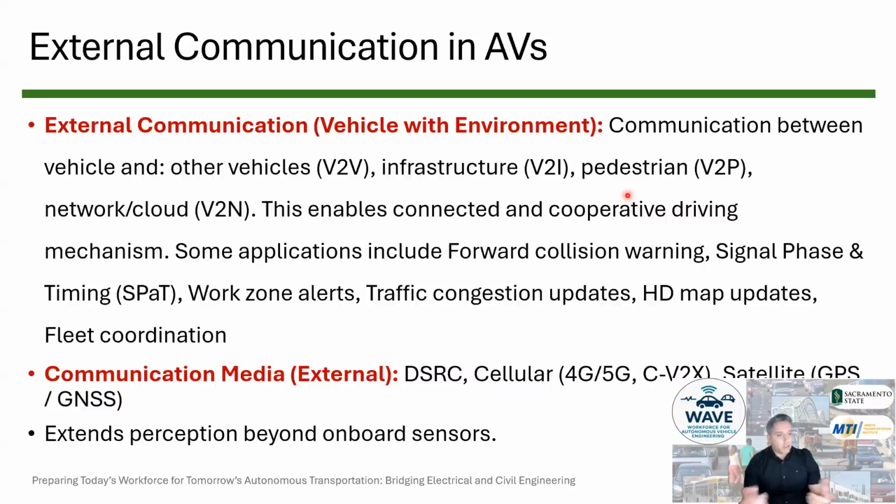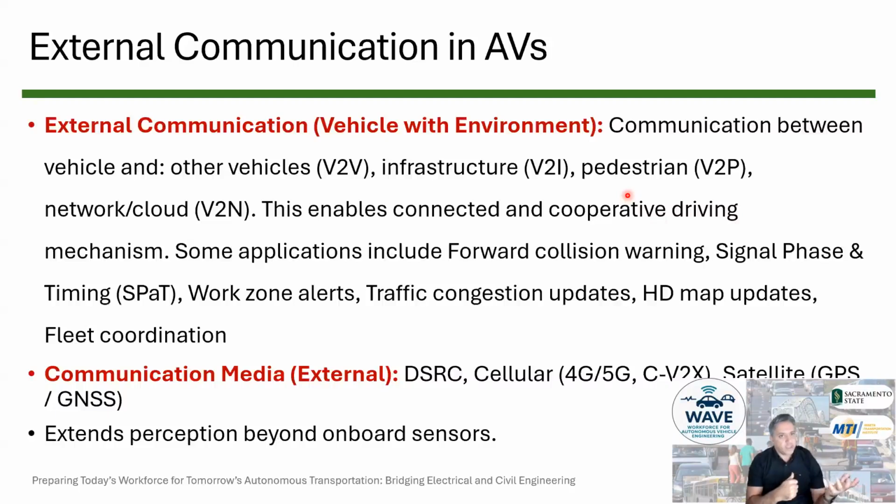They are all connected through wired communication because fast communication is required. The vehicle will have wireless communication in the external case, because it cannot be physically connected to other vehicles, infrastructure, pedestrians, or the network.